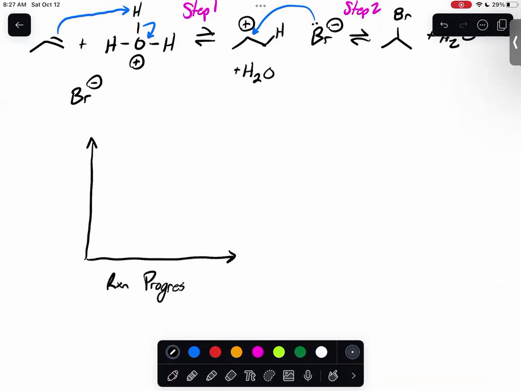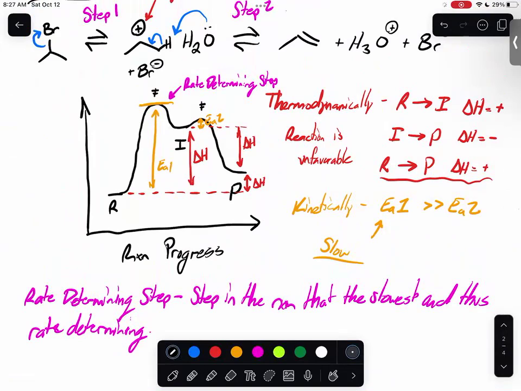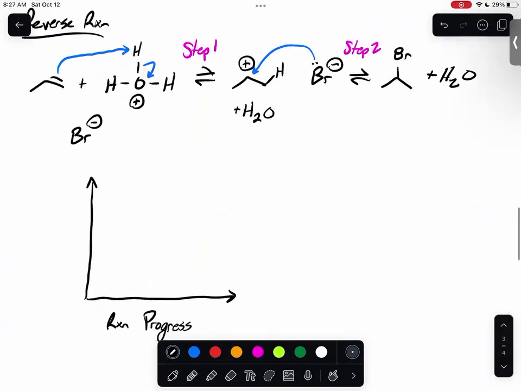If we were to draw an energy diagram for this, the energy values thermodynamically should be the exact opposite of what we saw up here. So in this case, we still have our high intermediate, but they're reversed in terms of whether the reactant or the product is the lowest energy value.